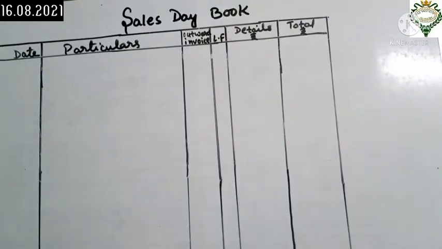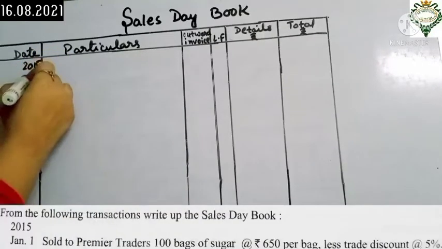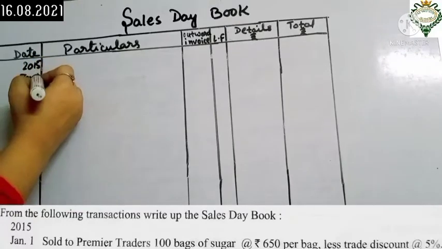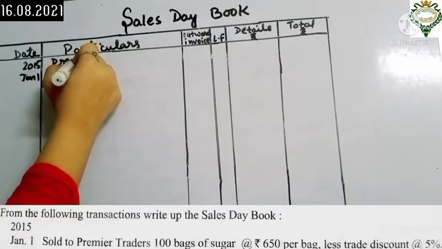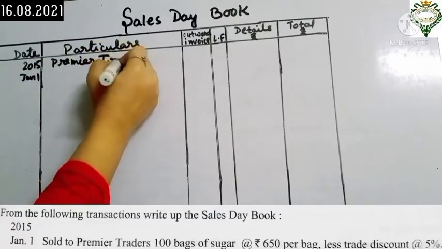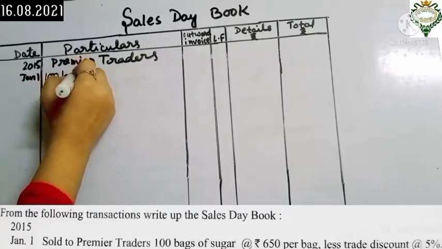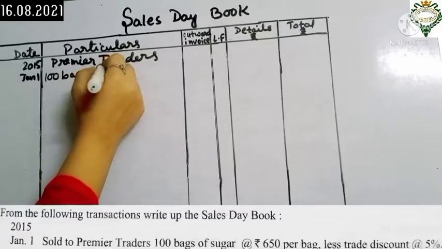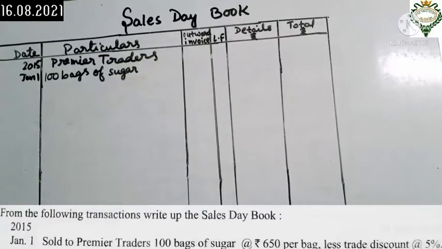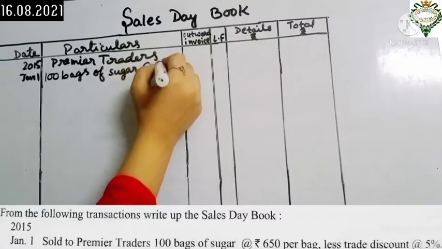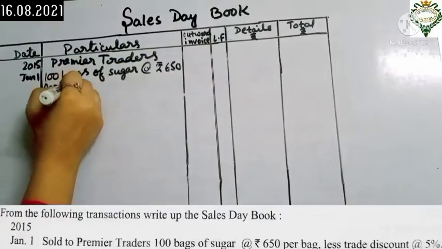Now come to the question. The first transaction has been done on 2015 January 1, with Premier Traders. So we have to write here Premier Traders. 100 bags of sugar were sold at rupees 650 per bag.